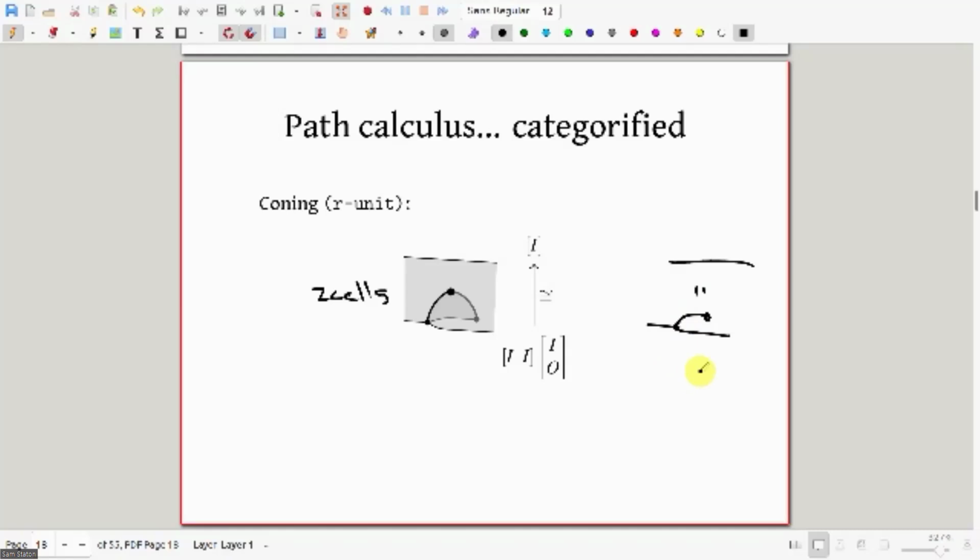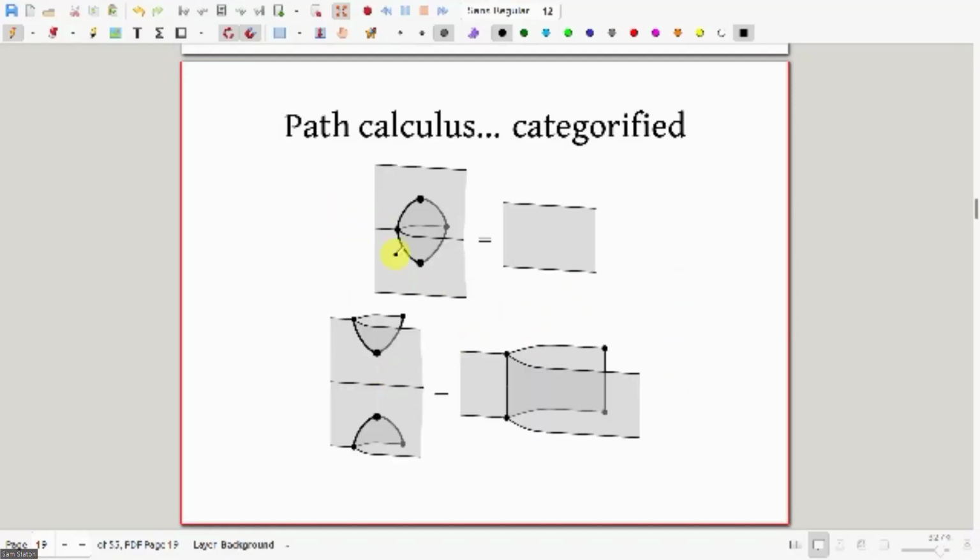So that's a typical categorification trick: you replace equations by morphisms. This is an isomorphism, so we should be able to go backwards now. And this is what it means to be an isomorphism. We just draw the inverse string diagram upside down.